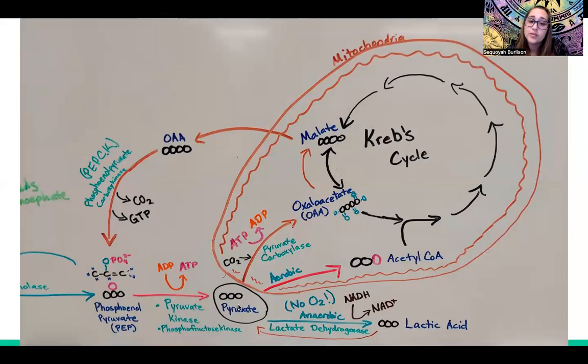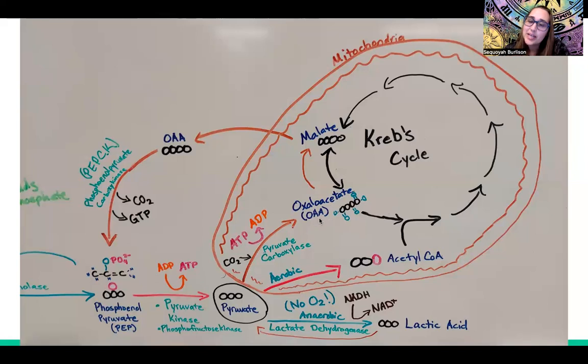However, once pyruvate is within the mitochondria, if we add some carbon dioxide and use the energy from an ATP and have the enzyme pyruvate carboxylase, we can create the molecule oxaloacetate, OAA. No matter how many times I try to say that word, I can never say it right.